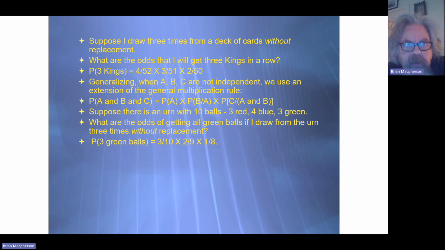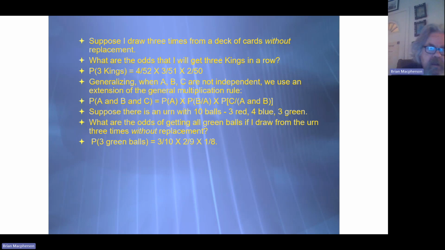So that's why, if you look back up there for the chance of getting all kings, it's 4 out of 52, the probability of getting A, 3 out of 51, the probability of getting B given A, times 2 out of 50, the probability of getting C given A and B.